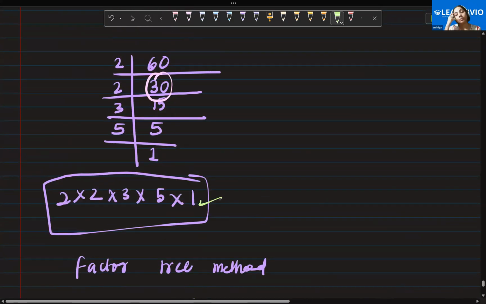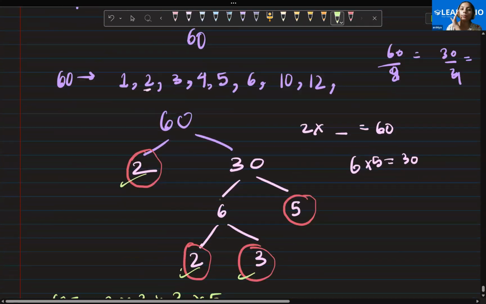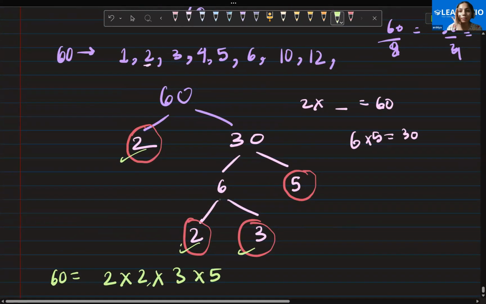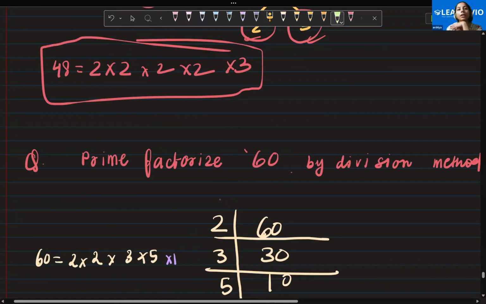So that means our answer is correct. So is this clear for 60? Yes. Okay.